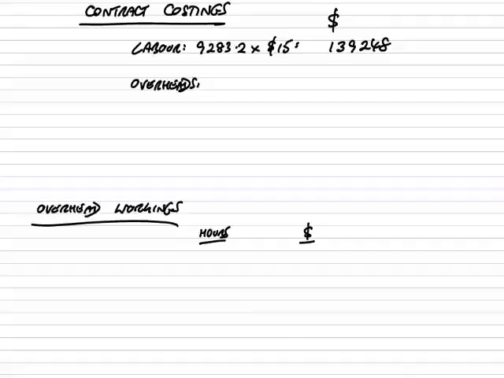The highest hours worked is, which one? Month 4. In month 4 we worked 9,600 hours, and the cost was 116,800. The lowest month is which? Month 2. And in month 2 we worked 9,200 hours, and it was 113,600.